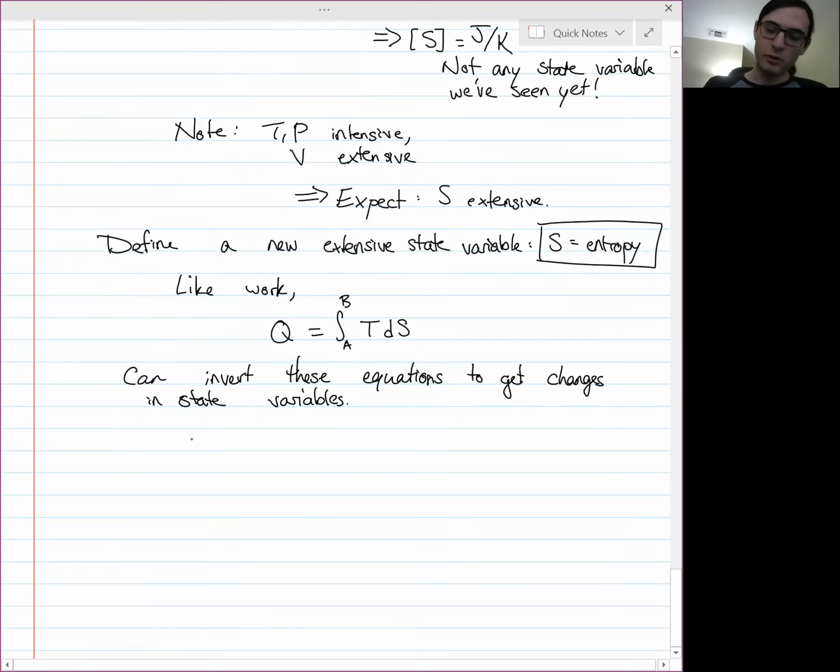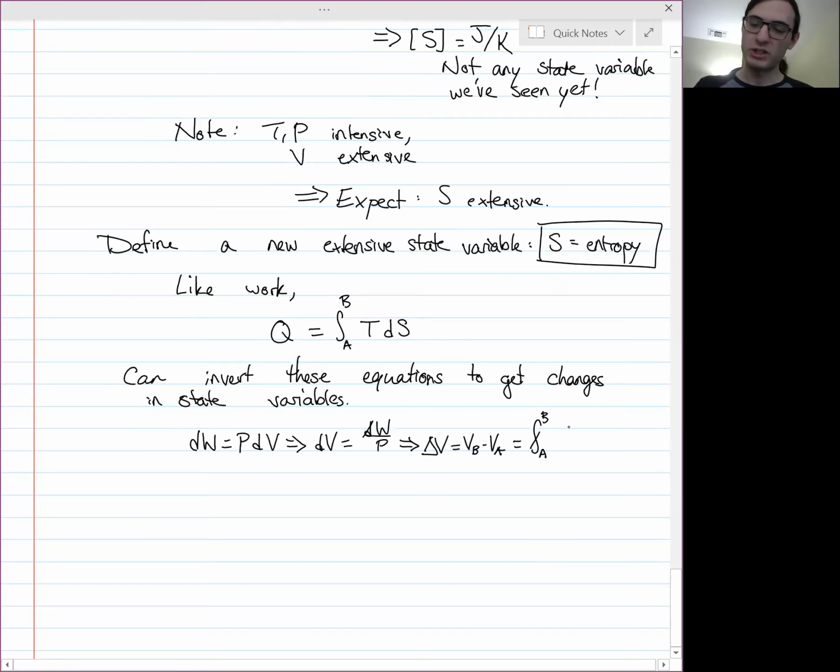So dW equals PdV implies that dV equals dW over P. I'm going to put a slash through that d for good reason. This implies that delta V, which is VB minus VA, is equal to an integral, and I'm going to put a slash through the integral as well, of dW over P.